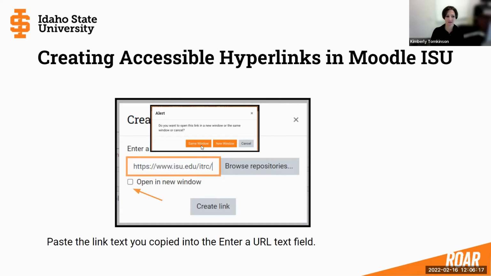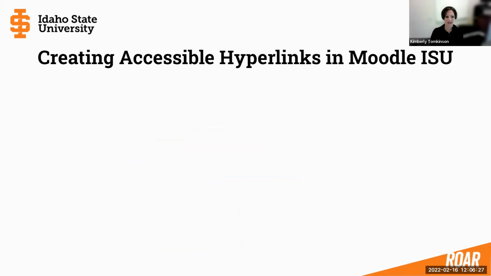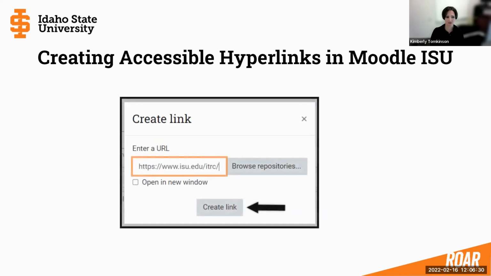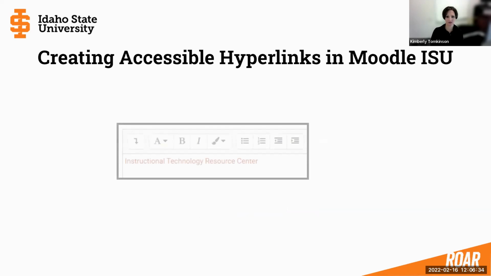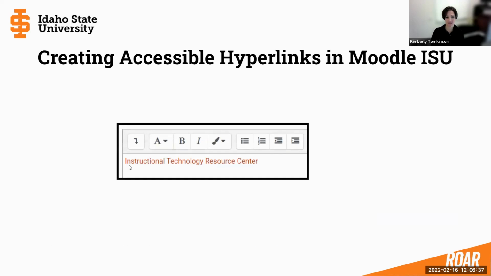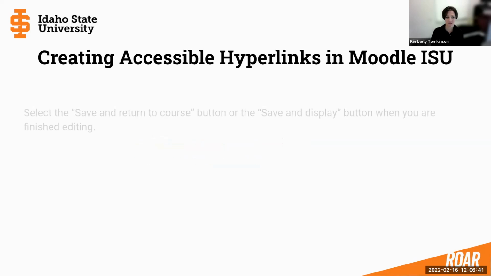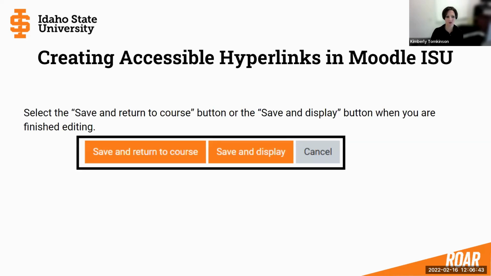If the box is left unchecked, the link will open in the same window, unless the user has his or her browser set to open links in a new window or tab. Then select the Create Link button. Note that the text you have added to the link will now be an active link as indicated by the orange text color. Then select Save and Return to Course, or Save and Display when you're finished editing.